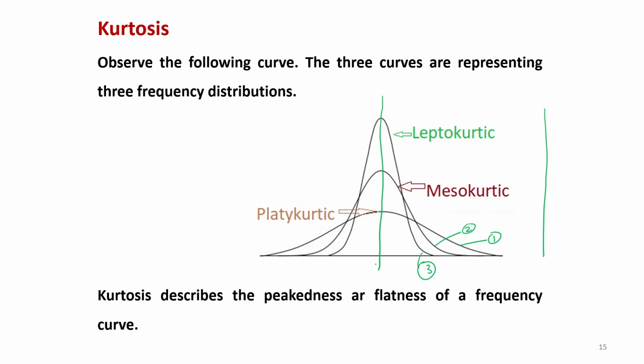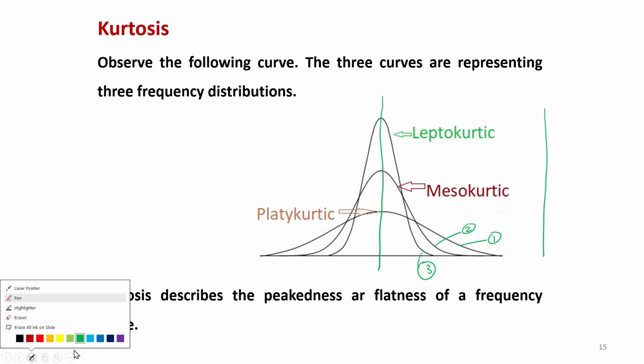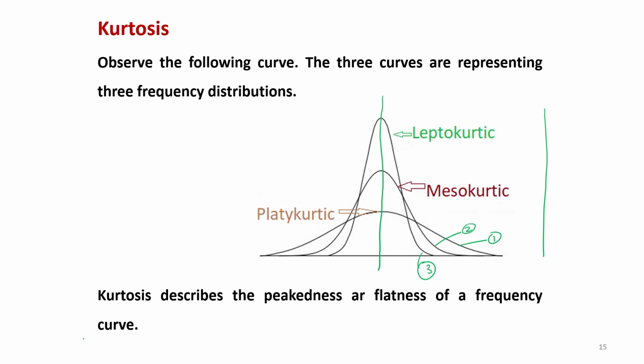But when all the curves are symmetric, how are they differing? They are differing with respect to the hump of the curve. For example, in curve number 1 the hump is here, in curve number 2 the hump is here, and in curve number 3 the hump is here, right. So, kurtosis actually describes the peakedness or the flatness of a frequency curve.